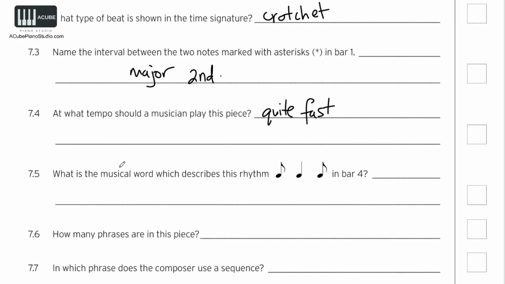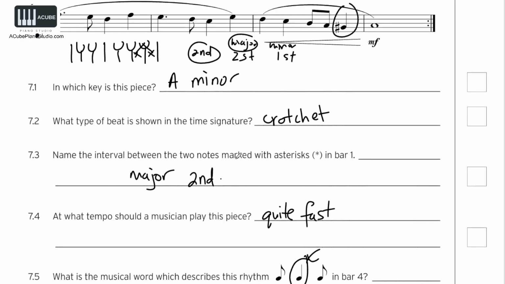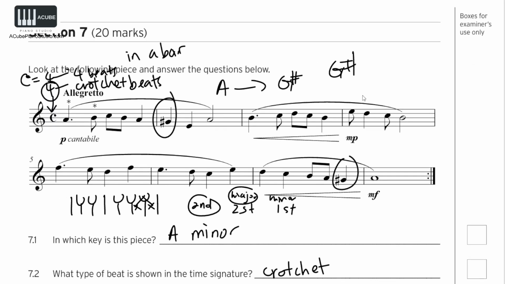Okay, what is the musical word which describes this? Okay, so we are stressing on the beat that we usually find quite weak, right? If you look at this, we're actually stressing on the half of the first beat.